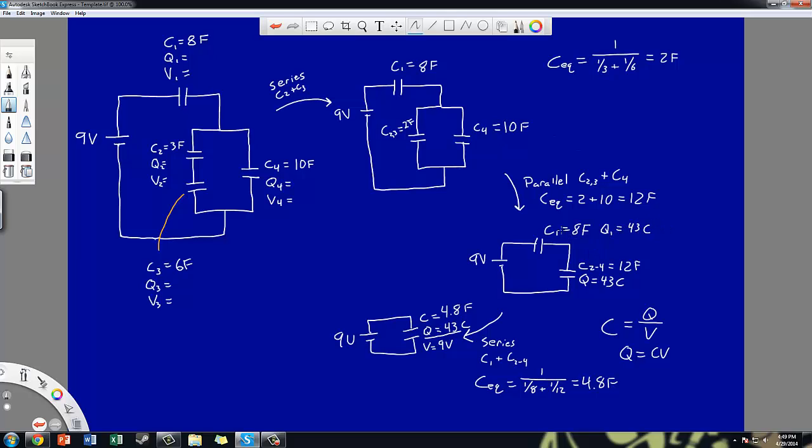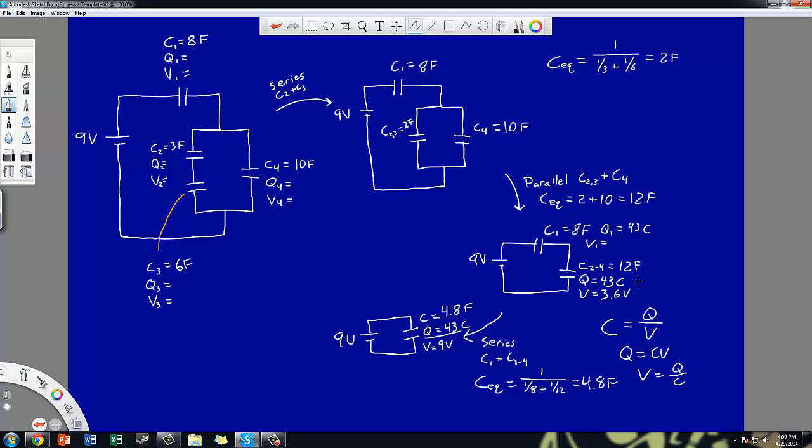Now that I know the charge is 43 for both of these, and I know the capacitance values for each, I can actually find the voltages. So I can find V1, and I can find the voltage of this combined capacitor. I can do that because, looking back at this equation, voltage is Q over C. So if I take 43 and divide that by 12, I end up with about 3.6 volts here.